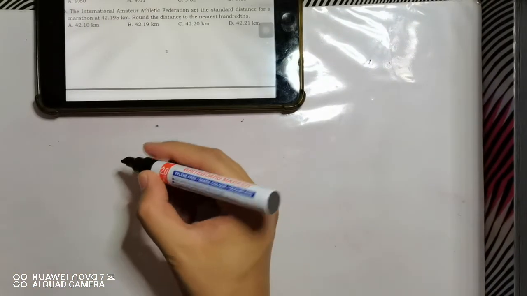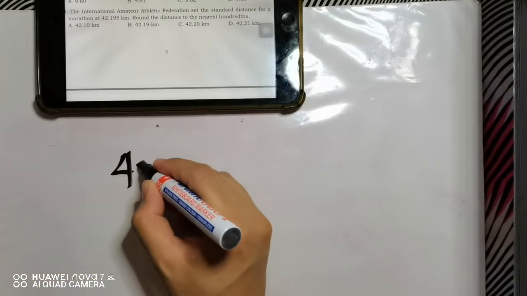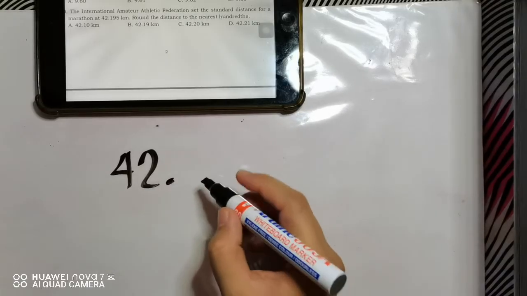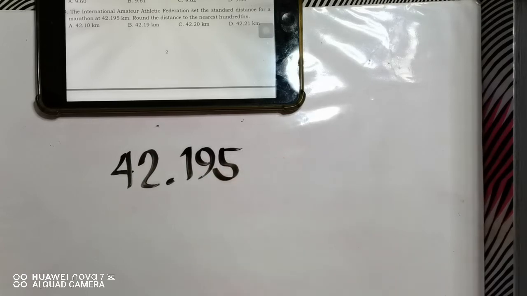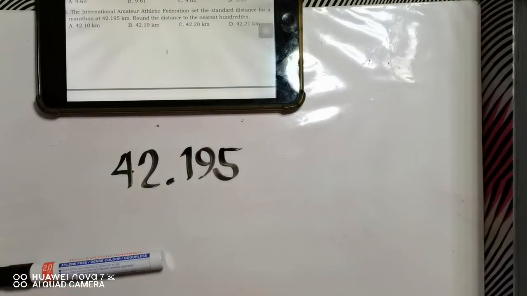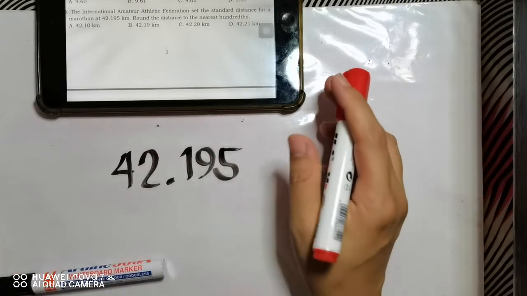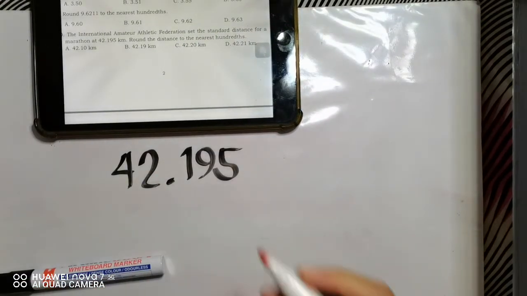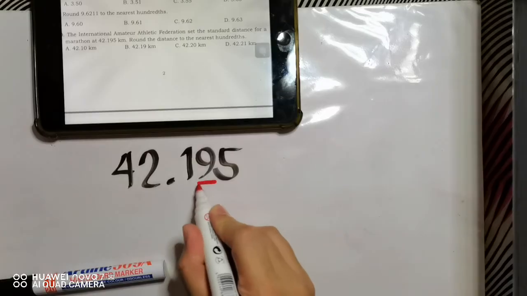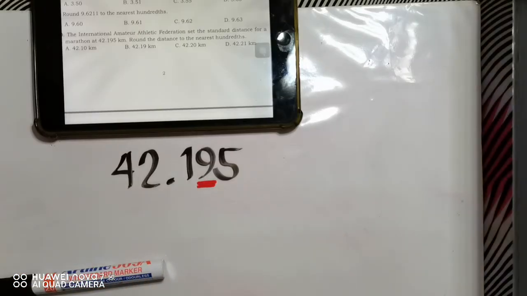Sabi niya, 42 and 195 thousandths kilometers. And then, ang sabi, round the distance to the nearest hundredths. So, ang i-round natin ay yung 9. Okay?